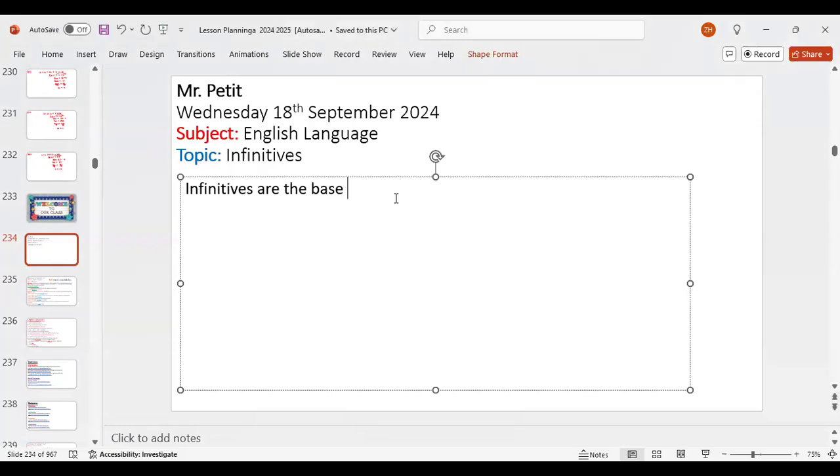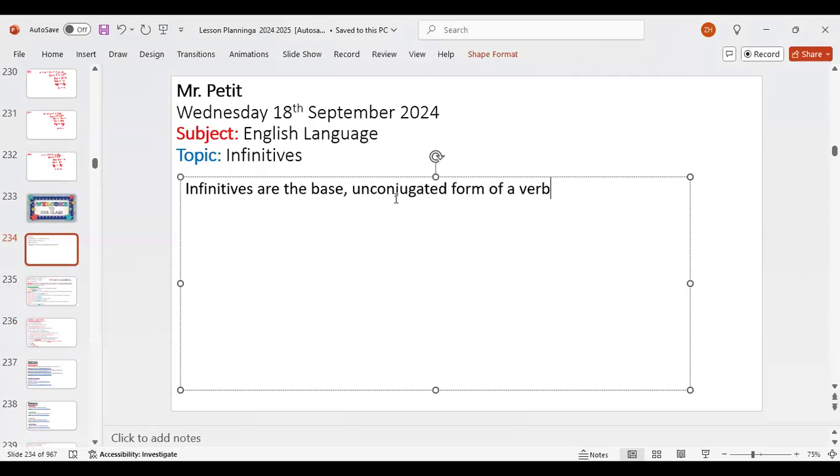So infinitives are the base. When we're looking at words, infinitives would be the base. It is the unconjugated form of a verb, before we conjugate the verb.